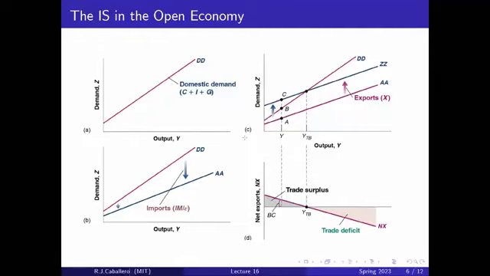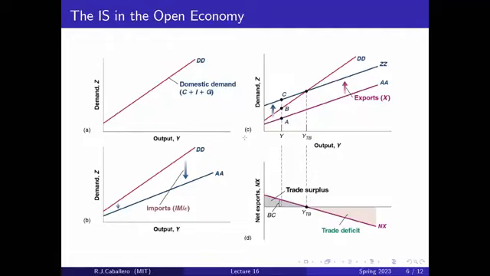But it also rotates the curve, because the higher is domestic income, the more imports we make from the rest of the world. Now to that, we have to add the exports, which are not a function of domestic output. That's a parallel shift with respect to this curve. So we go up, and that gives us the ZZ curve, which is what we call the demand for domestically produced goods.